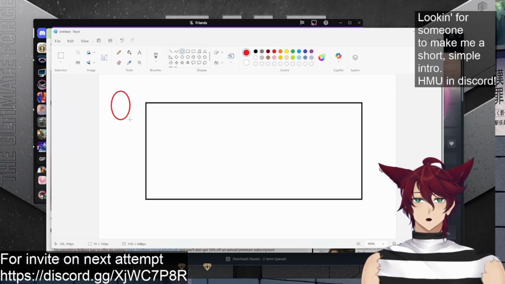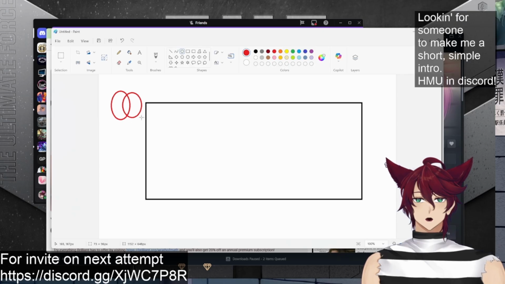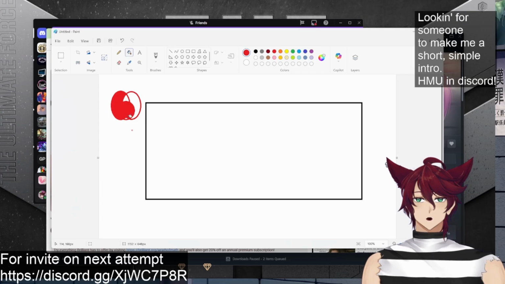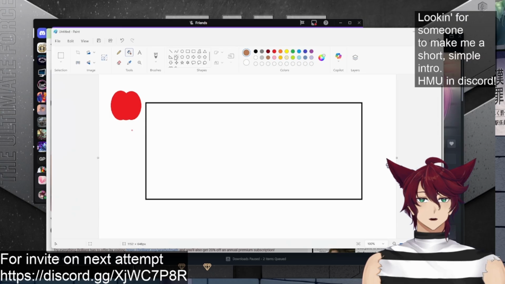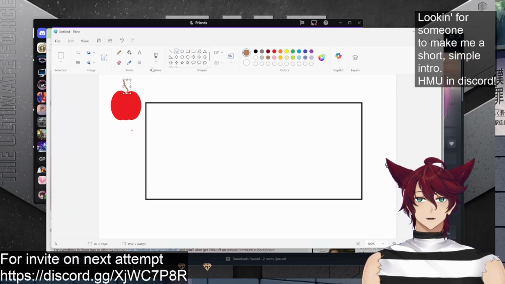Let's see if we can make a nice looking apple. We'll go like that, oh, I can move it. Bam. And we'll do another one right here, like that. Bam. And then we'll do this. Bam, bam, bam, bam, bam. And then we'll grab one of these. And go like that. Bam. And something like that. Bam.